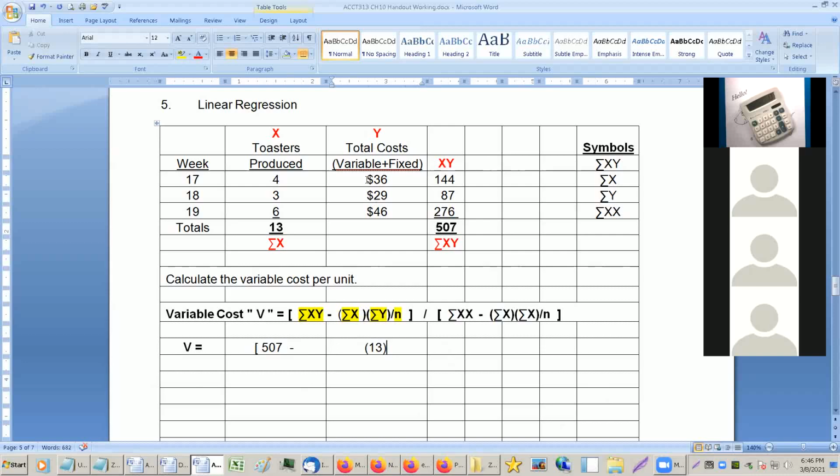Summation of y, add these up. 13 times 11.